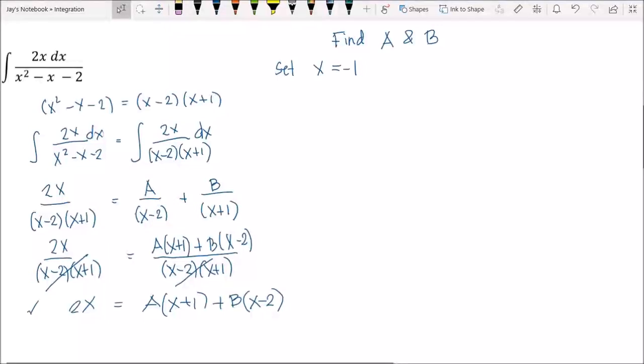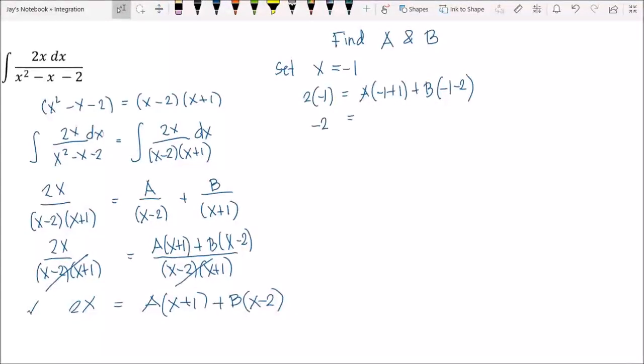So we assigned negative 1 to the value of x, that is 2 times negative 1 is equal to a times negative 1 plus 1 plus b times negative 1 minus 2. Okay, so after this, you simplify. 2 times negative 1 is equivalent to negative 2.